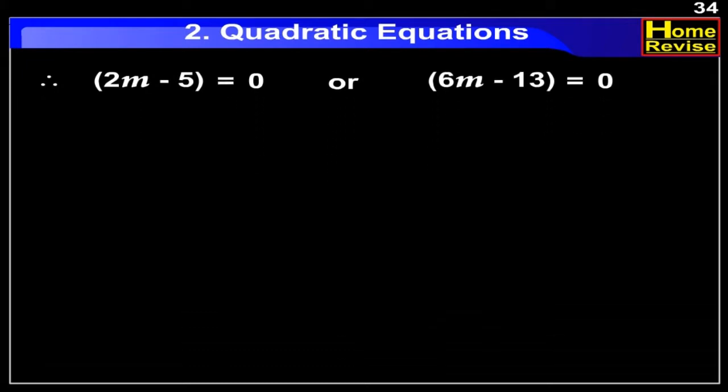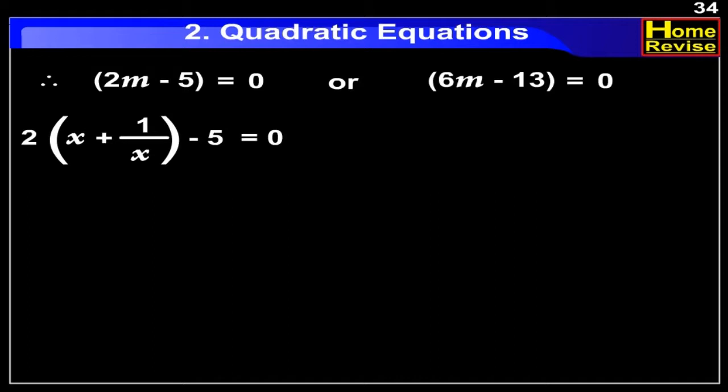But we know that m is equal to x plus 1 upon x. Putting this value, we get 2 into (x plus 1 upon x) minus 5 is equal to 0.